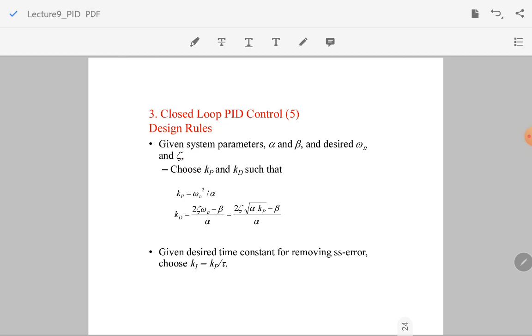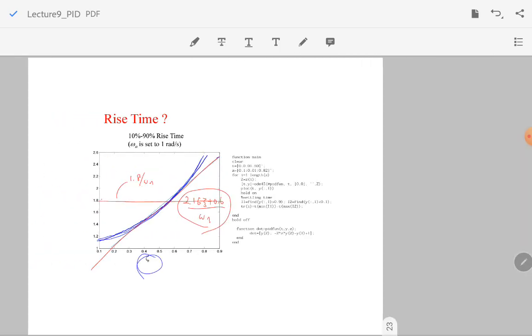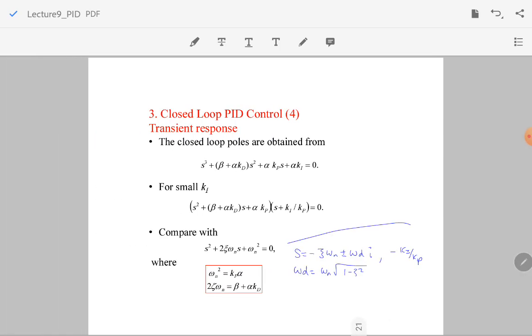So this is what we're going to do. Given the system parameters alpha, beta, and the desired omega n and zeta, we're going to choose Kp and Kd. Kp is chosen by this equation, and Kd is chosen by this expression. Where did that come from? It came from right here, where omega n squared is equal to Kp times alpha.